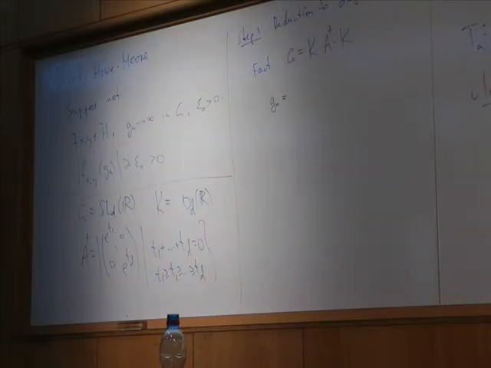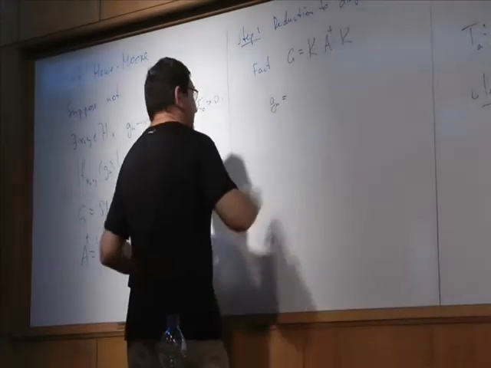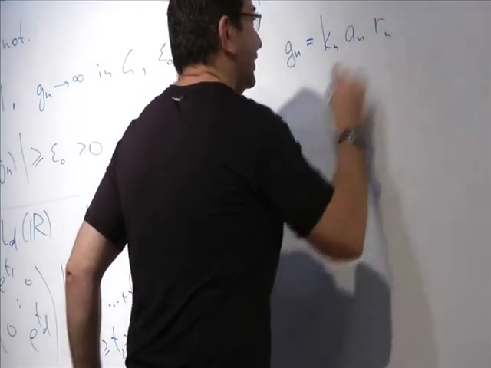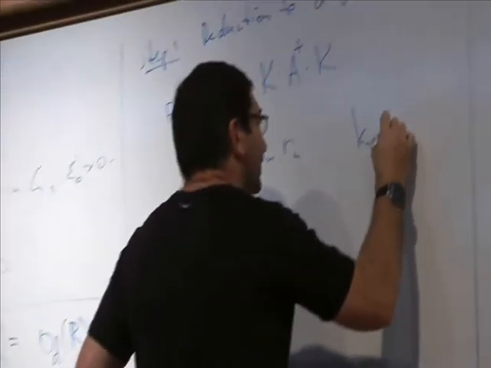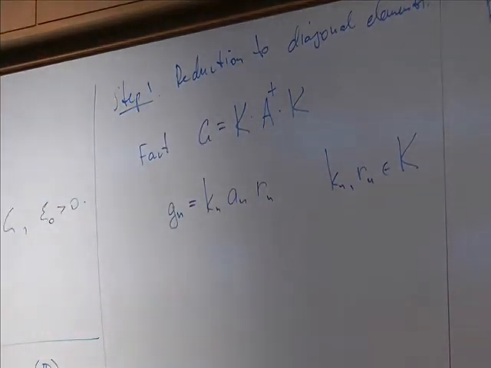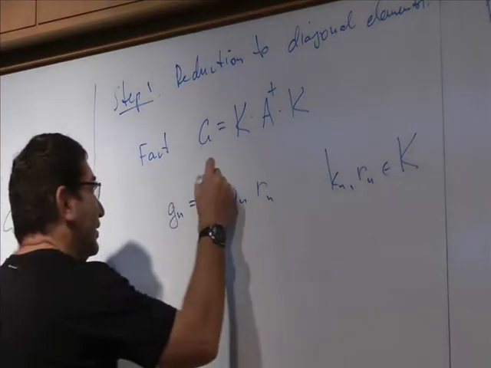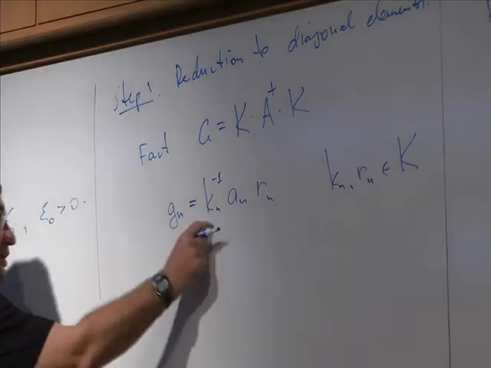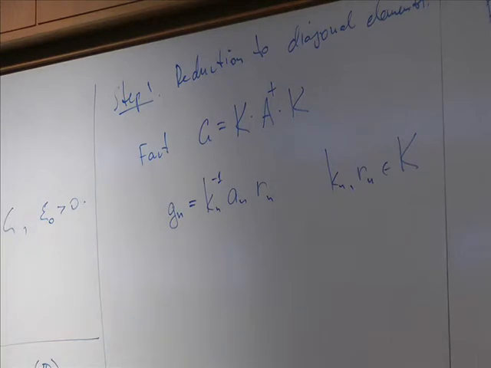That is crucial. k_n minus 1. Okay, I want to write it as little k_n, a_n, r_n, where k_n and r_n are kind of rotations, and a_n's are something like this. In fact, I might want to call k_n the inverse of what I put here. So you write it like this.